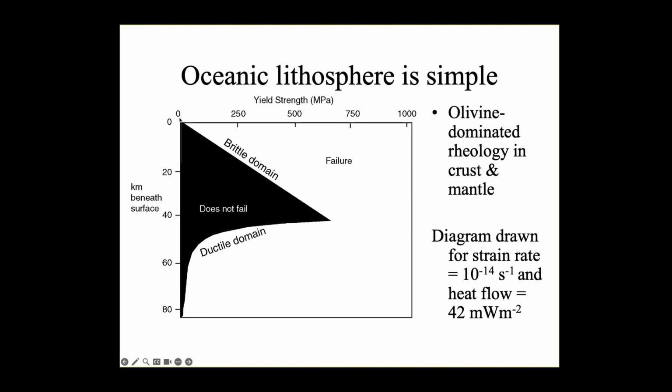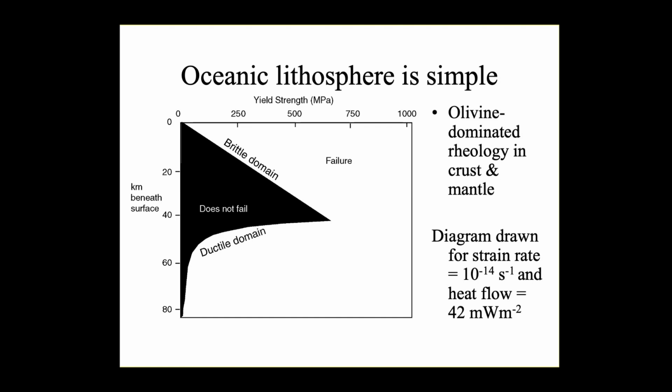So this is telling you something about the lithosphere. For this profile, the base of the oceanic lithosphere is basically where the rocks have no strength, so very close to 80 kilometers or so.